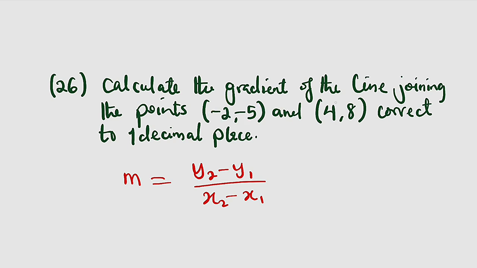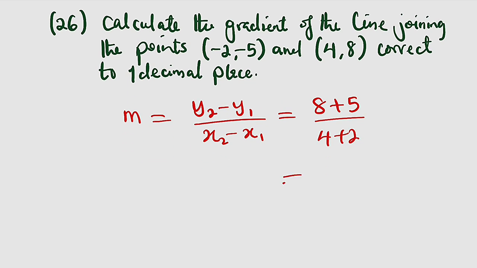All right. So let's assume this is our y2. We take it and subtract y1. That would be 8 minus -5, which is 8 plus 5, right? So this is 8 plus 5 divided by 4 minus -2, which is the same thing as 4 plus 2.